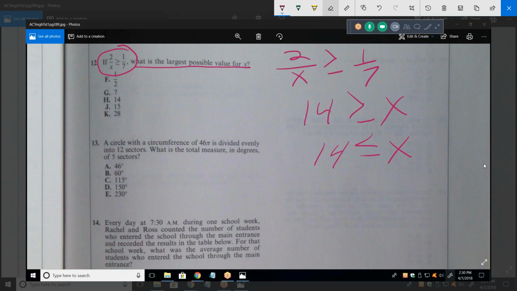So you've got to be very careful when you're dealing with variables and inequalities, because you don't know if the variable is positive or negative, and it makes a big difference. You have to switch the sign of the inequality if you're multiplying or dividing by a negative, okay?